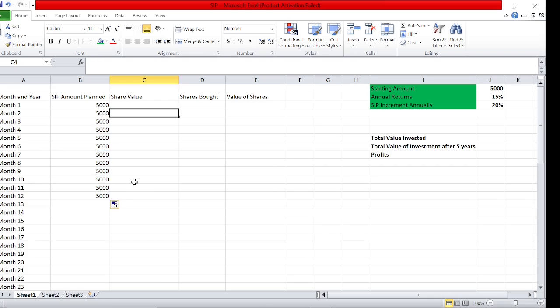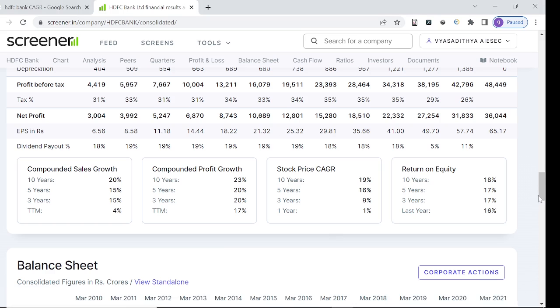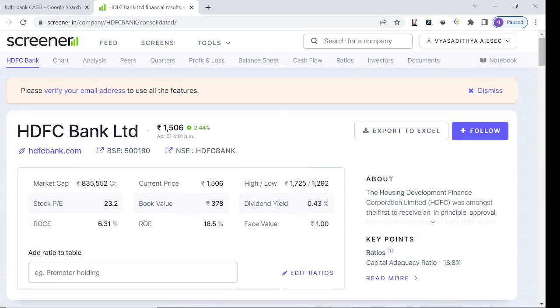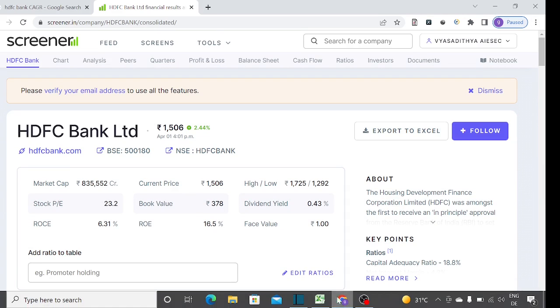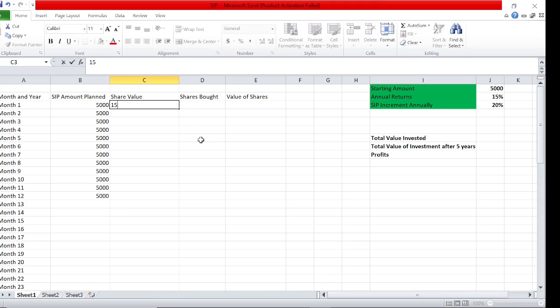Share value. Going back, if we see the current share value, share price is around 1,506. So let us consider the value to be 1,500, the current value.